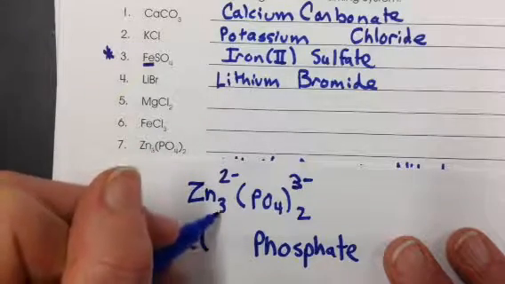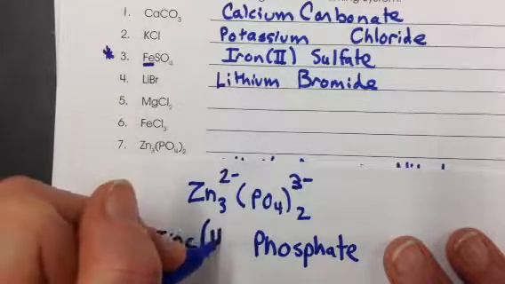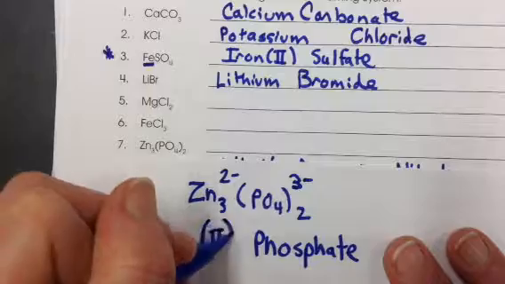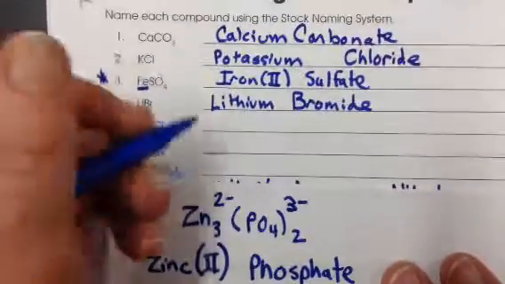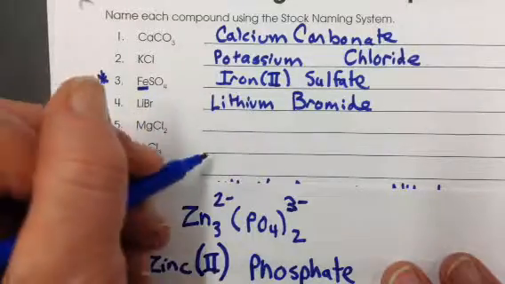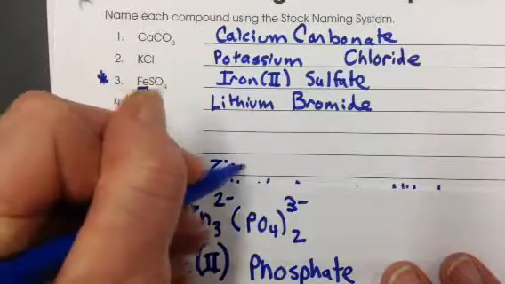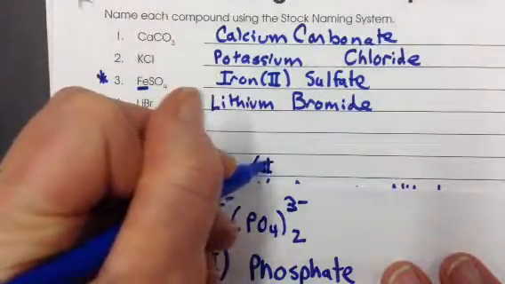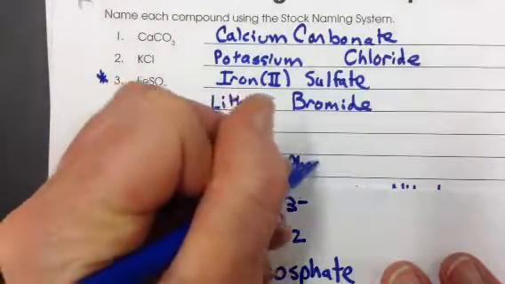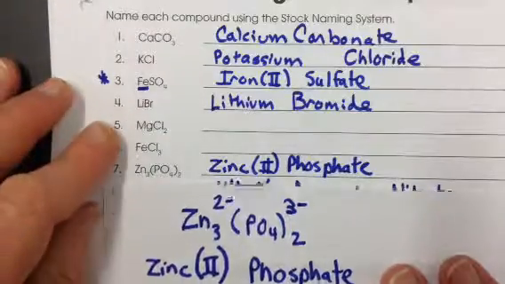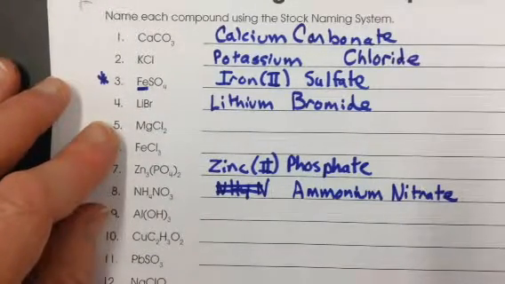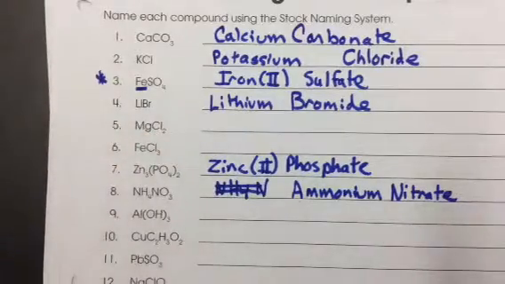What goes in the parentheses is not the subscript, but the oxidation number that we sleuthed out. We were detectives and figured out that this was zinc 2 phosphate. So you just need to do some logic and do some sleuthing to figure out what the oxidation number on the transition metal is.